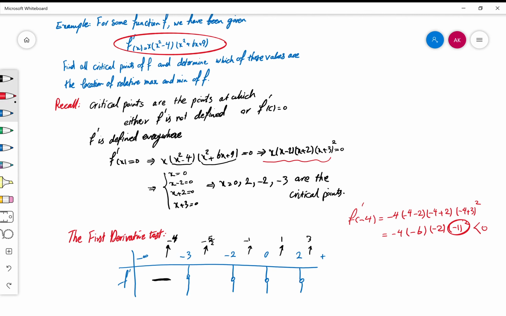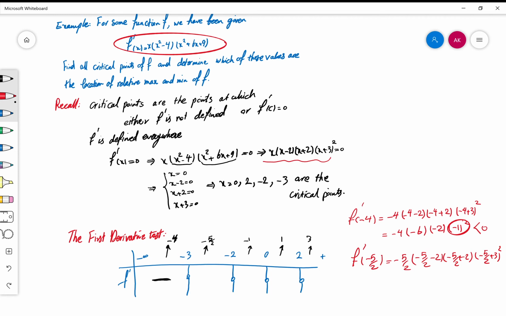How about at this other interval? So we have to evaluate this at negative 5/2. This is negative 5/2 times negative 5/2 minus 2, negative 5/2 plus 2, and then negative 5/2 plus 3 squared. I don't need to exactly evaluate this function at this point.